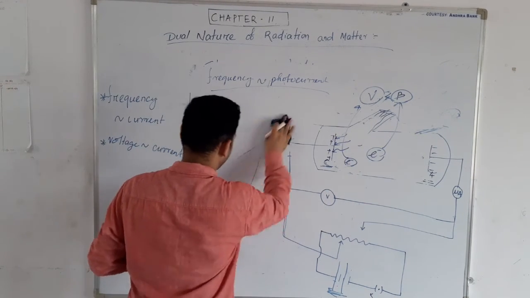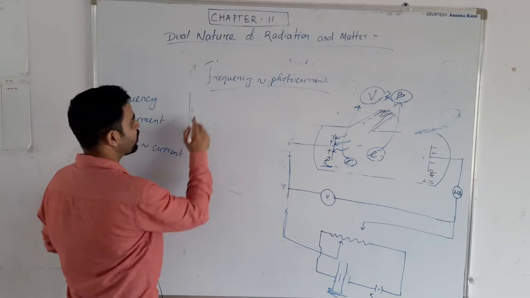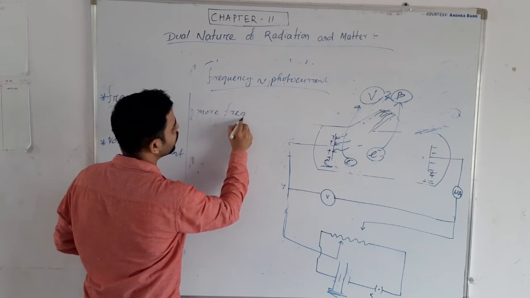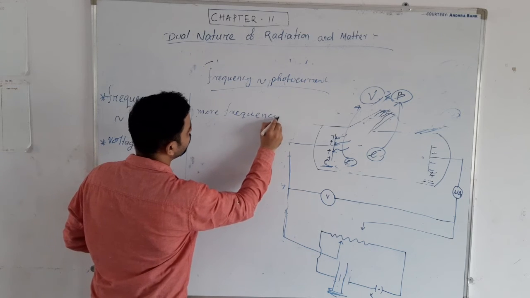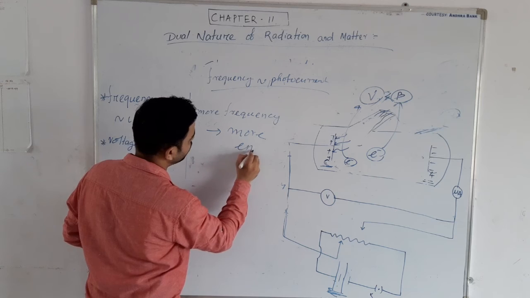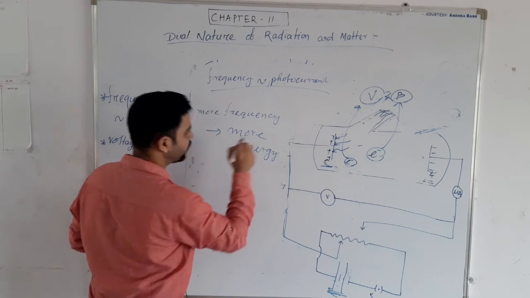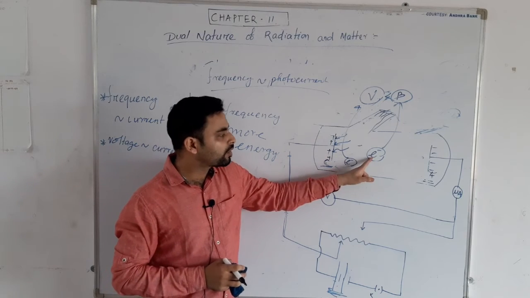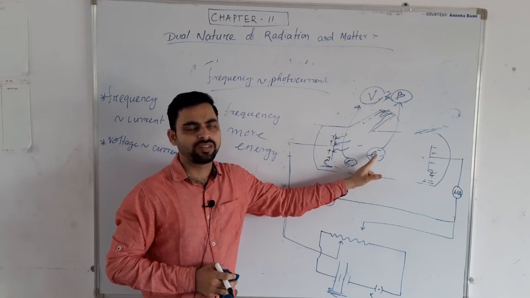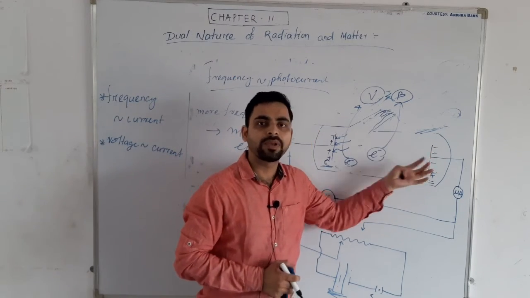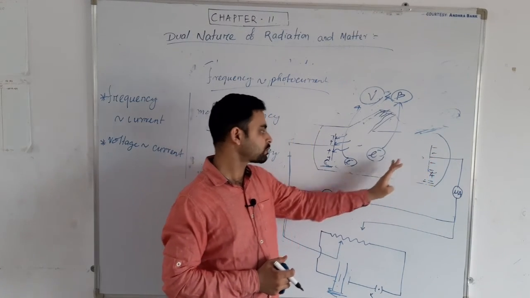That means I can say more frequency means more energy. If this electron has more energy, to stop this I have to apply more potential, right?